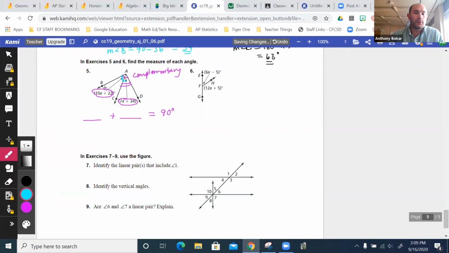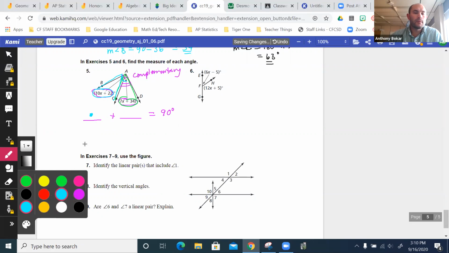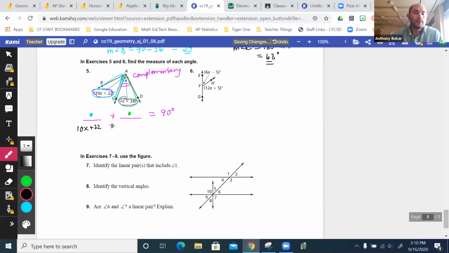If I color code for a second, here's my green angle, my blue angle's over here. If I add those together, I get 90. So I'm going to take 10x plus 22 plus, the second blank is going to be 7x plus 34.